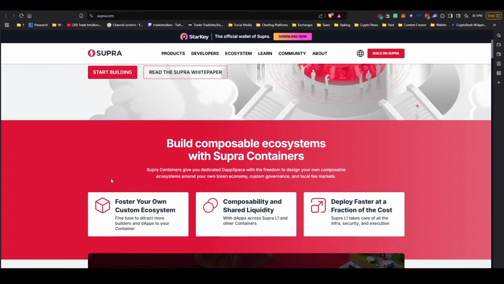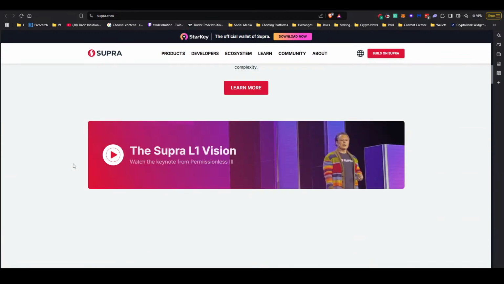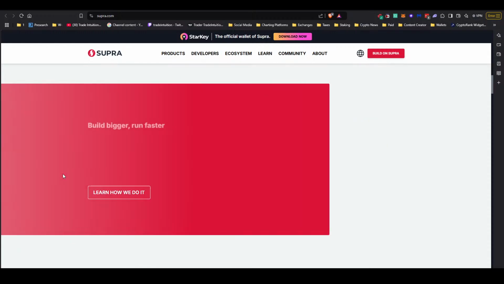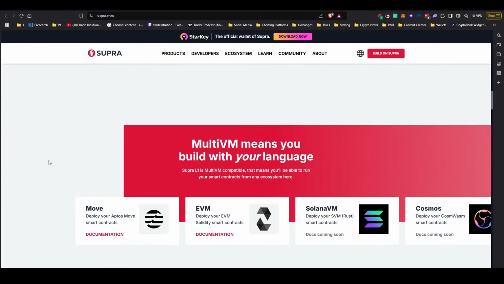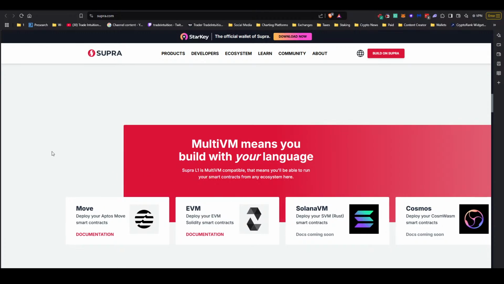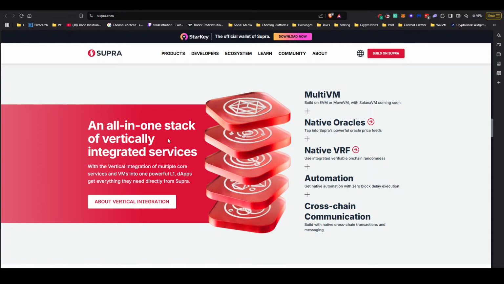Nice. Okay. Supra containers, etc. So it's a real person and not somebody who can't be doxxed. Bigger, faster, better, test it. I like the animation. The animation's spot on. Either that or an AI did it.